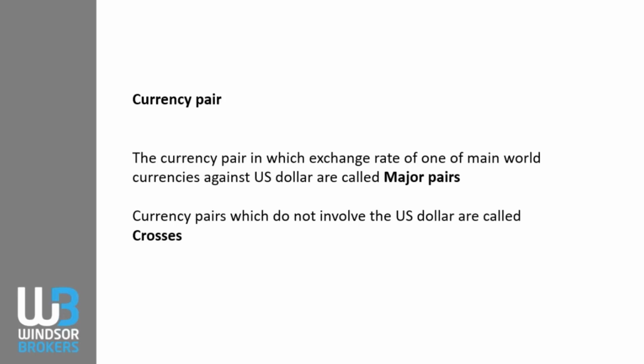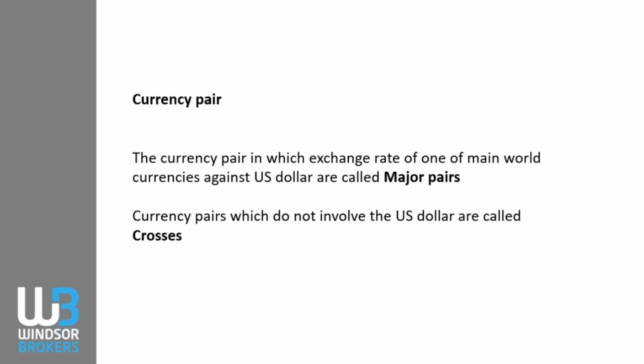And there are other pairs which do not include the US dollar. So if we have, let's say, euro against British pound, or British pound against Japanese yen, or euro against yen, or any of these crosses, Australian dollar against New Zealand dollar, they're called cross rates or crosses. So you will hear this term, and you need to know what it is.